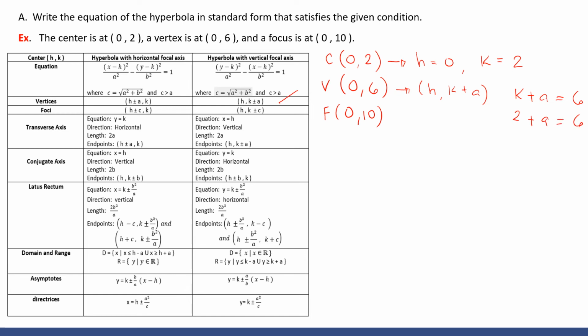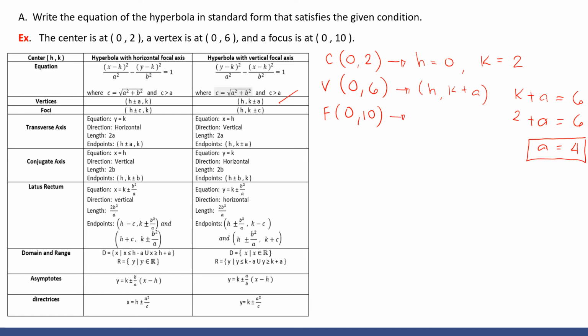So if 2 plus A is equal to 6, what is A? Then A is 6 minus 2, which is 4. So that is our value for A. Right? And for the focus, (0, 10), we said that (0, 10) is also upward.